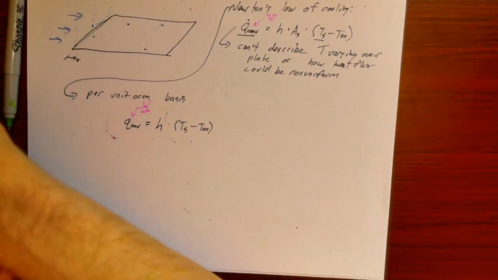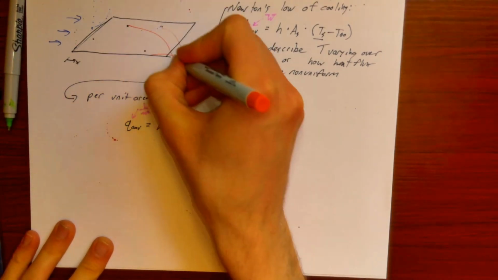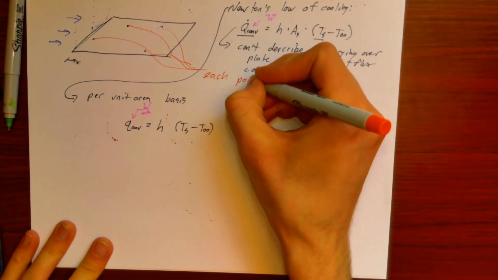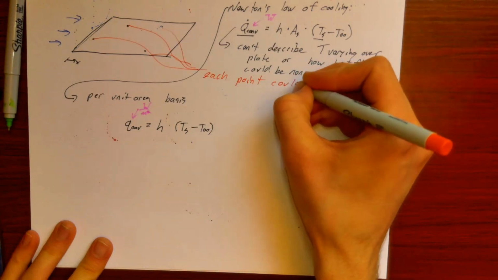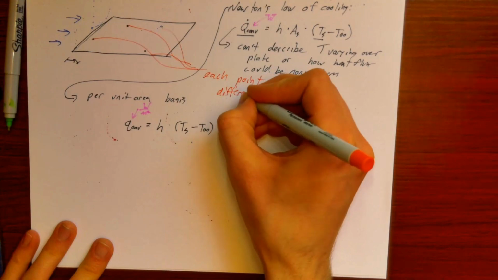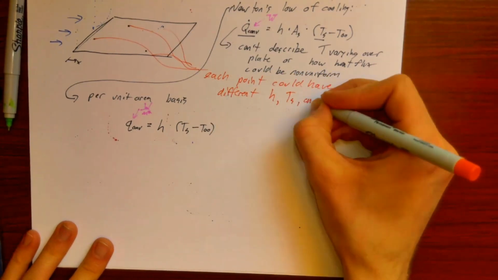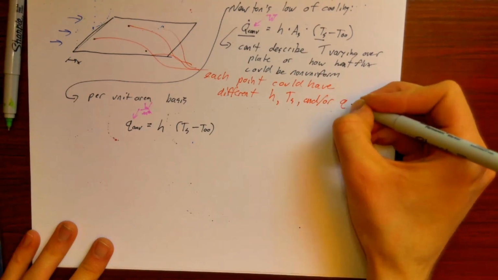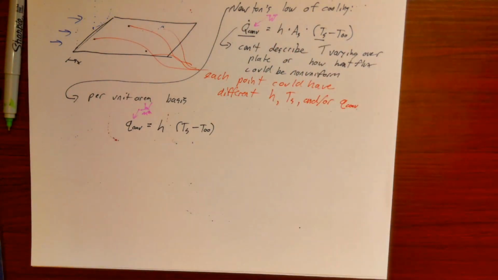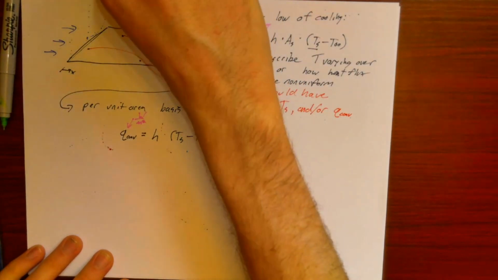So each point could have a different h, Ts, and/or heat flux. Newton's law of cooling doesn't allow us to get to this subtlety, but this subtlety might be important for our engineering design.